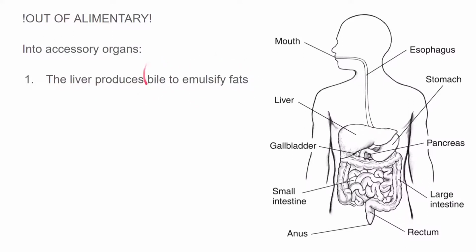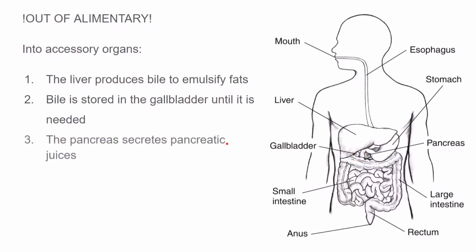And so we know, as I said before, that bile breaks down these lipid molecules into smaller droplets to have a larger surface area to be acted on by enzymes. And this bile is stored in the gallbladder until it's needed in our digestion process. So if you see here, this is our liver, this is where the bile is produced, and our gallbladder down here contains this bile until we need it.